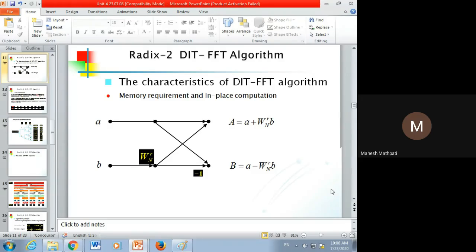Full stop. Hence, memory location for one stage will be.